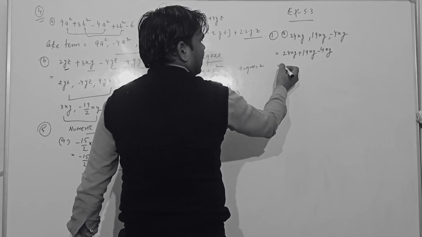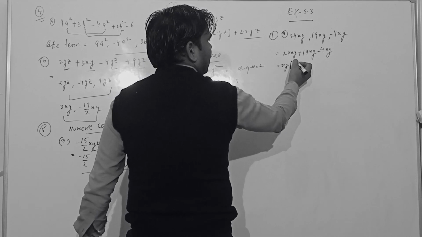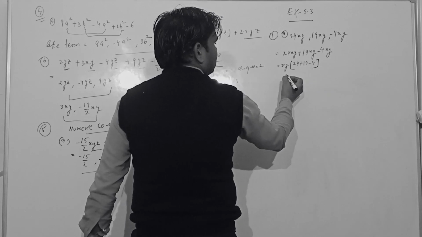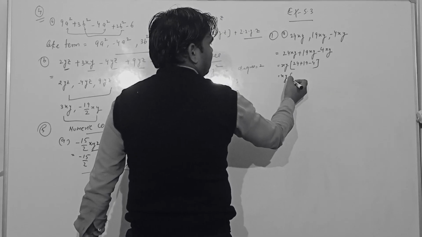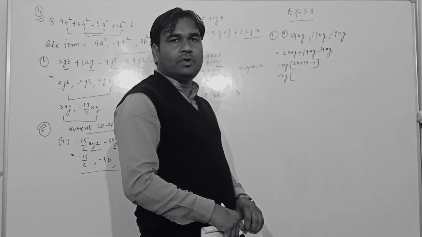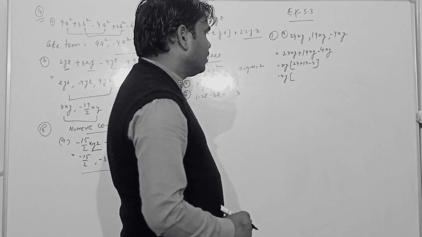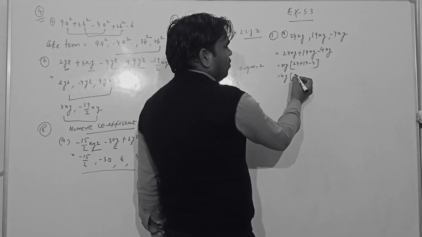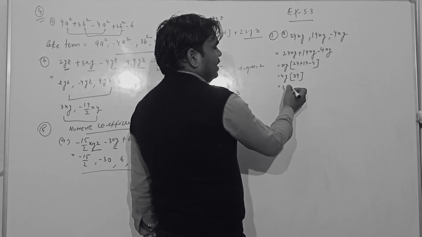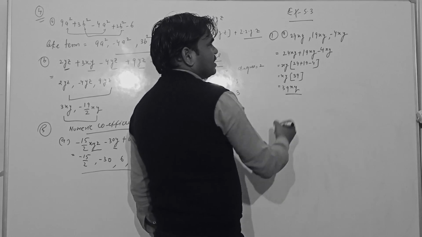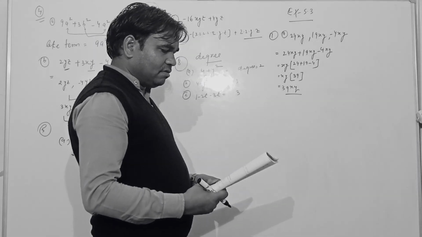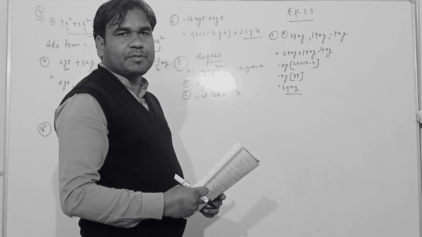Here we take xy common, and after that 24, 19, minus 4. From 24 we subtract 4, which gives 20, and after that we get 39. So we can write 39xy. This is the answer. We can add like this, and then we talk about subtraction.